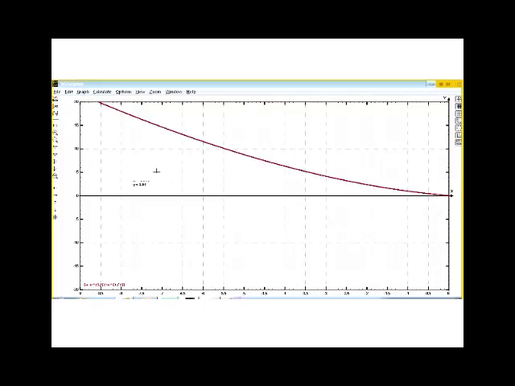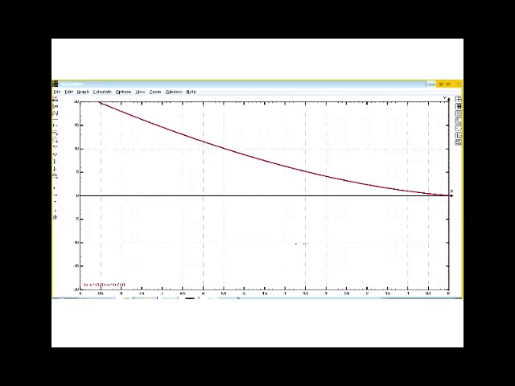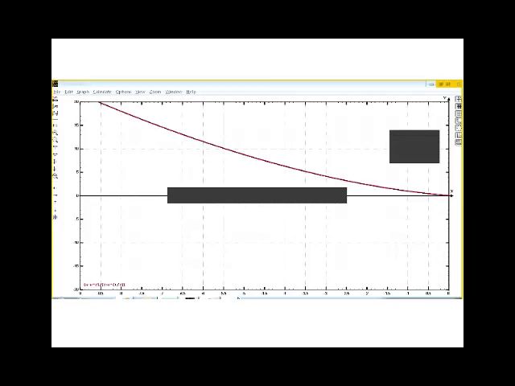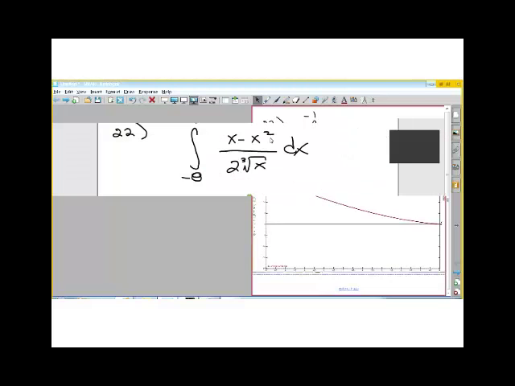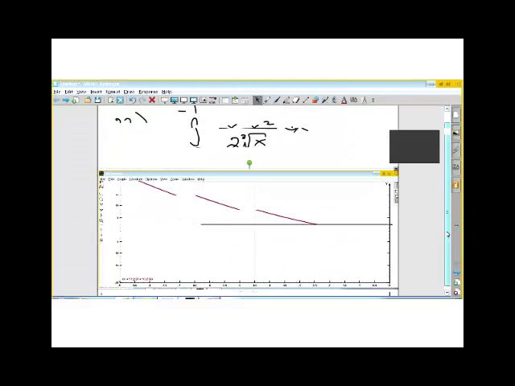It's going to be positive, as you can see, because the red curve is above the x-axis. So we're going to capture that. And we're going to go back. Okay, so there's our function. So let's go to one page and look at this thing.